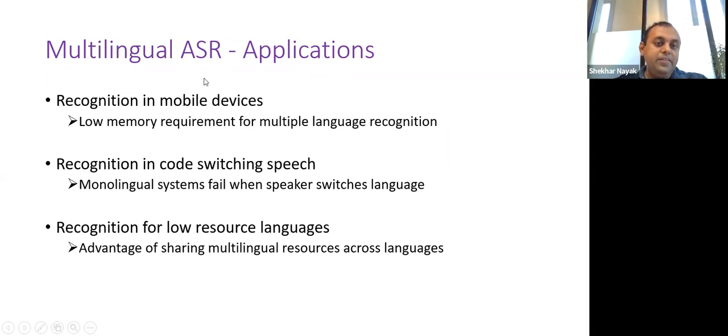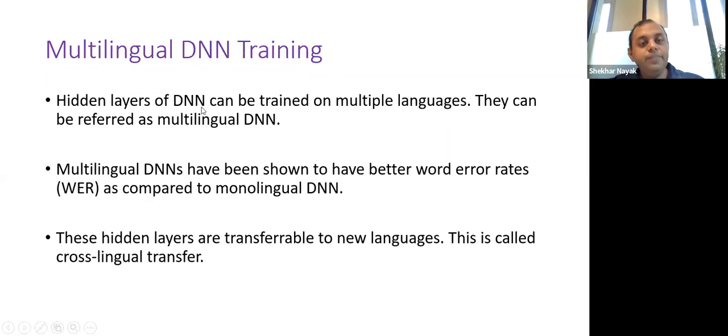Multilingual ASR can help in recognizing code-switched speech, and in building speech recognition for low resource languages. When you have very little transcribed data available for a low resource language, you can share the resources across several languages and create multilingual speech recognition, which can make use of rich resource languages to improve the recognition in the under-resourced scenario.